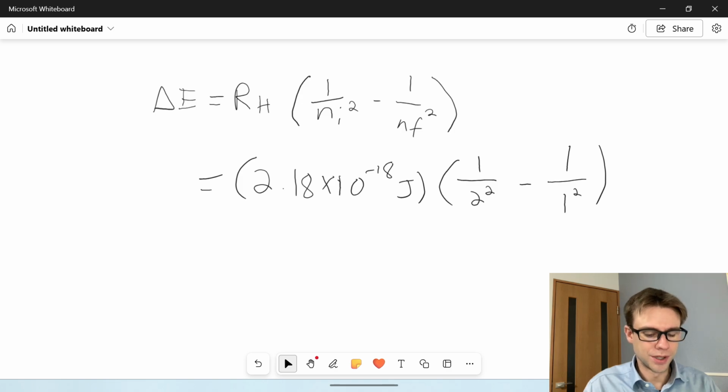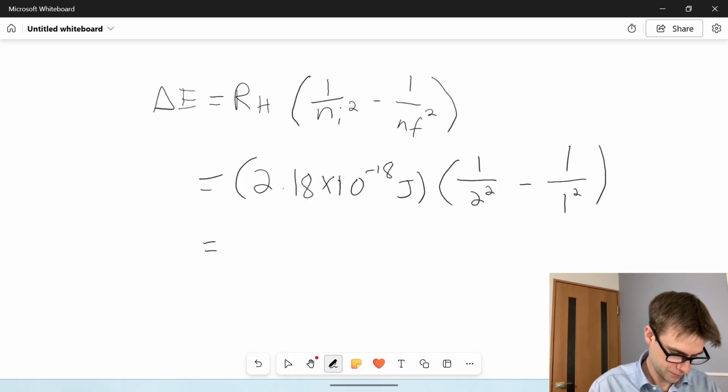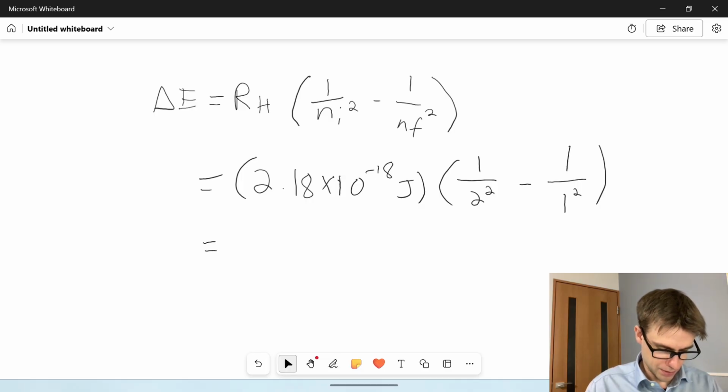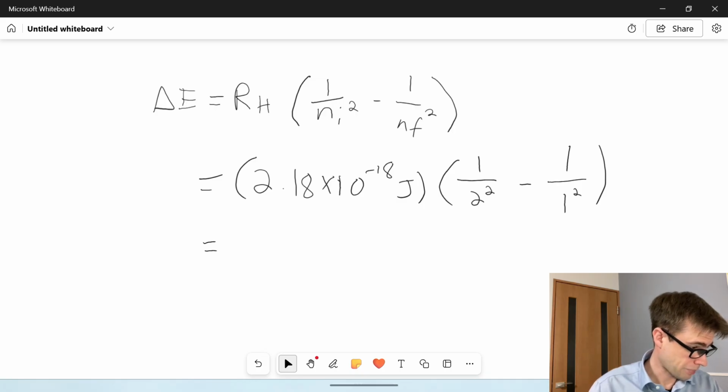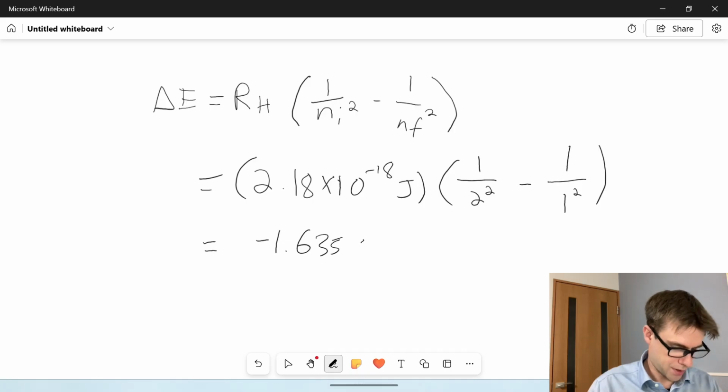Because 1 over 1 squared ends up just being 1. But you can put these numbers into your calculator. And you should get 1.635 times 10 to the minus 18 joules.